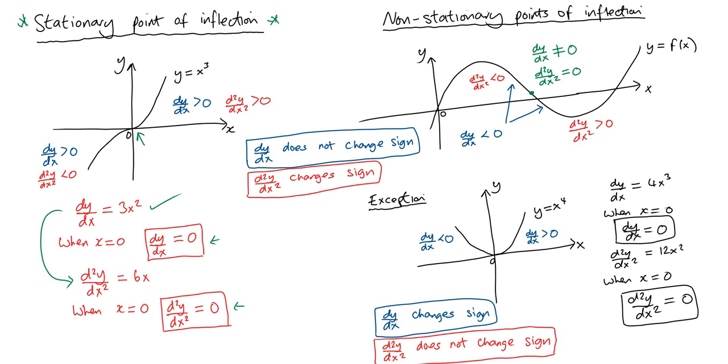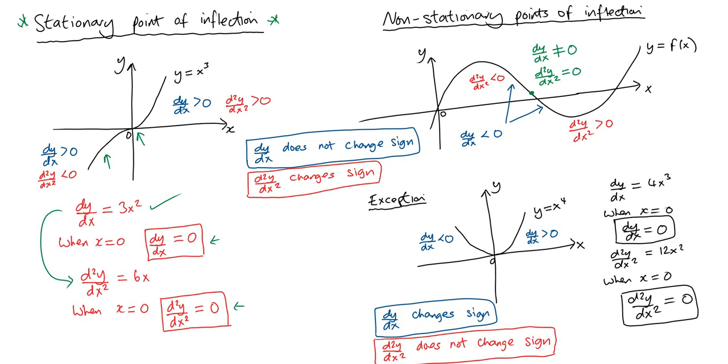Which is really important here: if you look before 0, on this part of the curve, you'll find that dy by dx is greater than 0, but d2y by dx squared is less than 0.